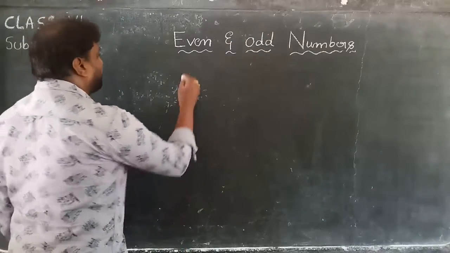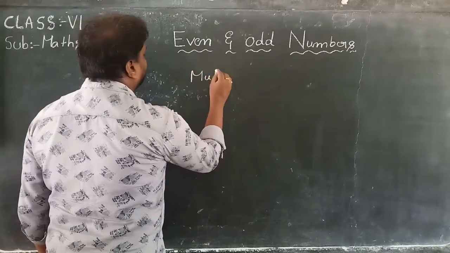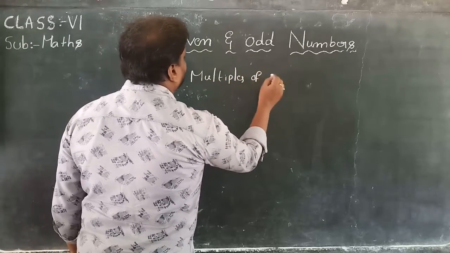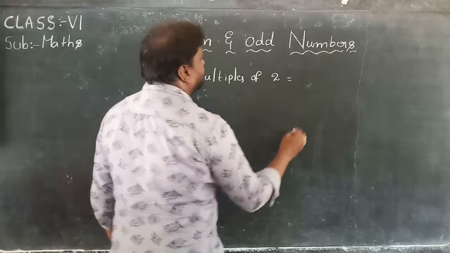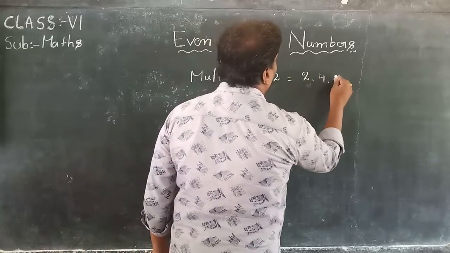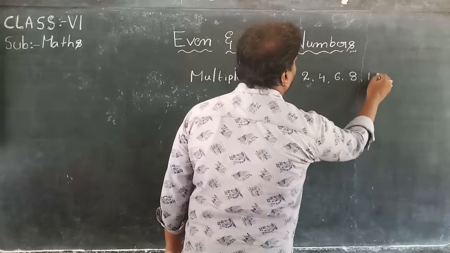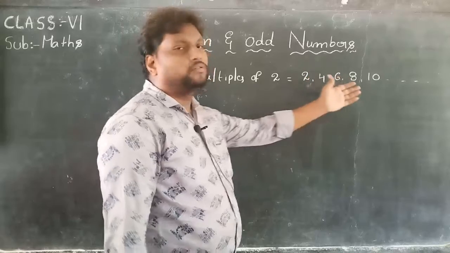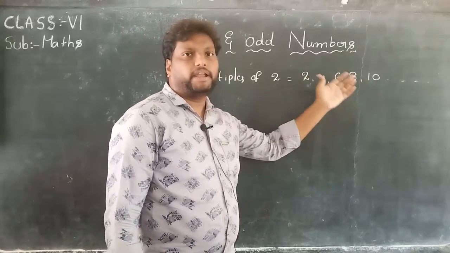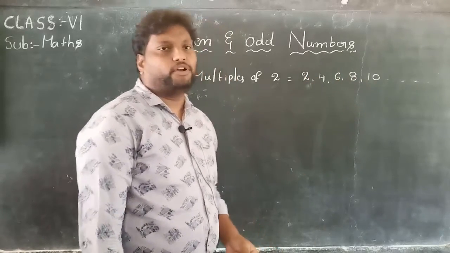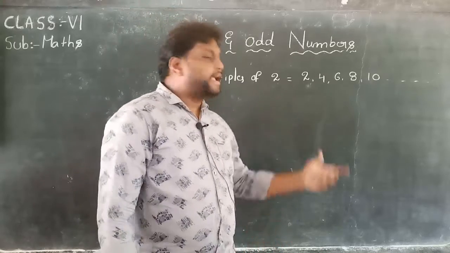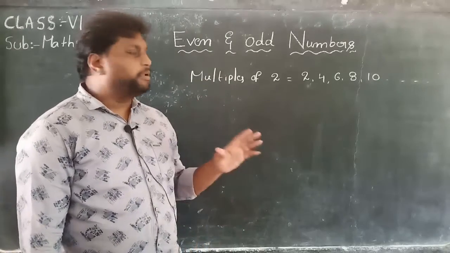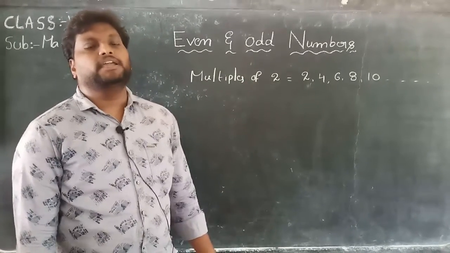The multiples of 2 are 2, 4, 6, 8, 10, and so on. We already know the multiples of any number are infinite. These multiples of 2 are also called even numbers. Any number which is a multiple of 2 is called an even number.